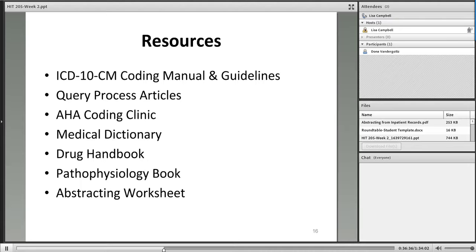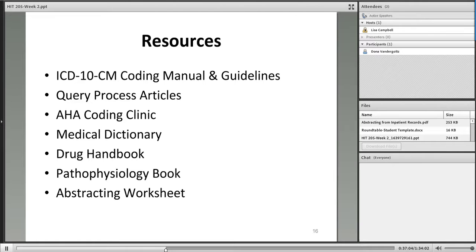I am going to upload an article to the files area that talks about how you locate the Coding Clinic articles. I highly recommend that you download that particular article and be familiar with how we locate Coding Clinic articles, because you really are going to need to refer to them.